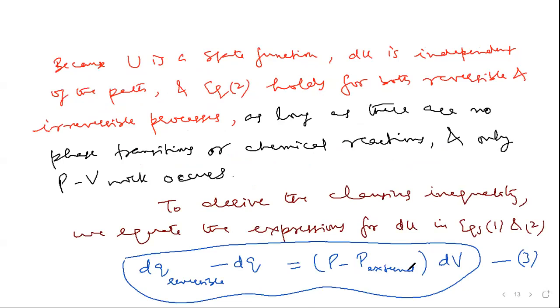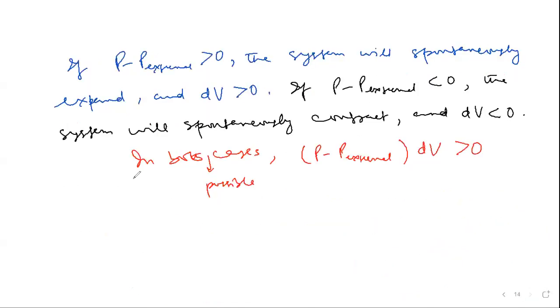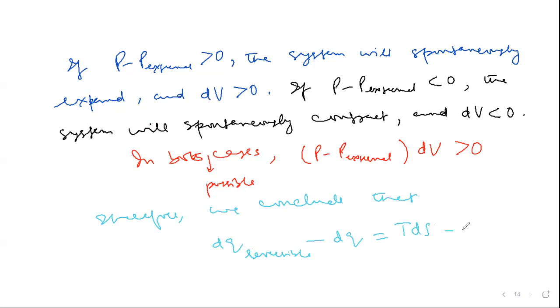Therefore, we conclude that dq reversible minus dq, instead of dq reversible I can write TdS, TdS minus dq is greater than or equal to 0.